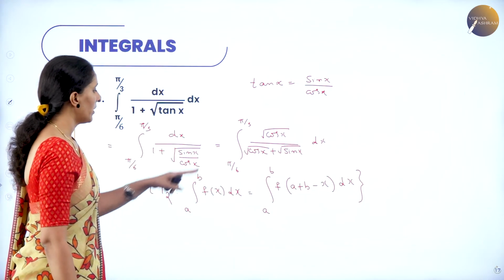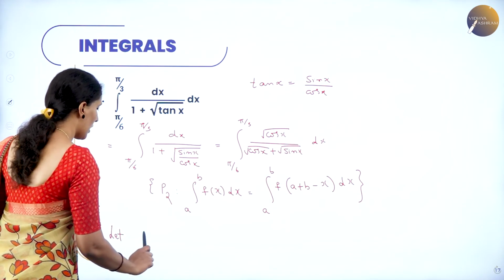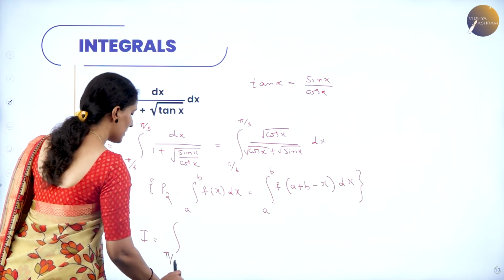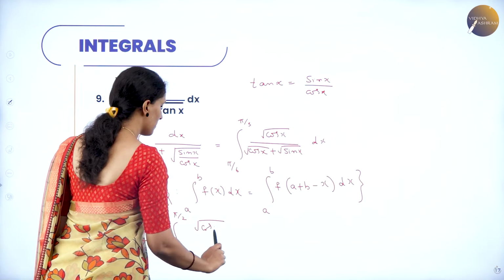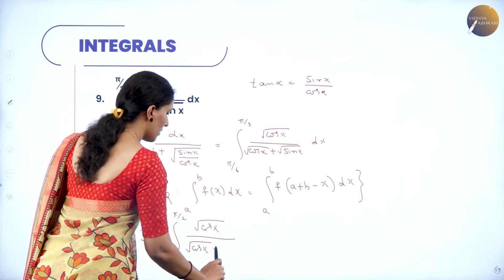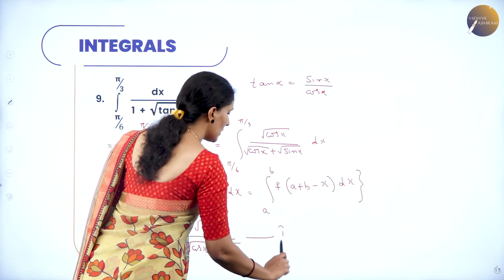So, let me take this as I. So let I be equal to the integral from pi by 6 to pi by 3 of root cos x divided by root cos x plus root sin x. Let me take this as equation 1.